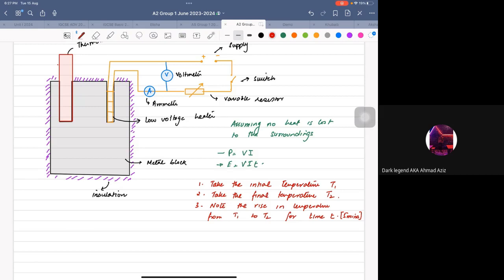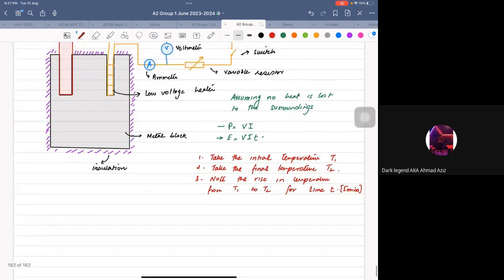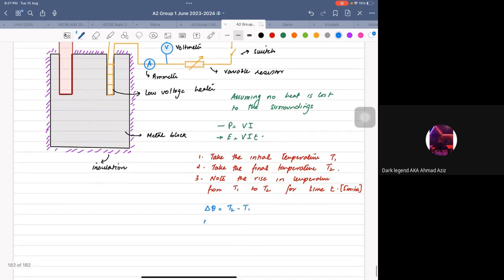So you guys need to remember this. Once you've done that, then you should understand that the change in temperature is going to be T2 minus T1. M will be the mass of the block taken on an electronic balance. And then what else do you need? You need energy.